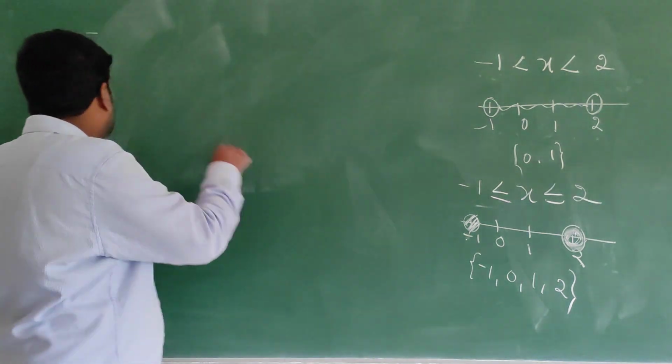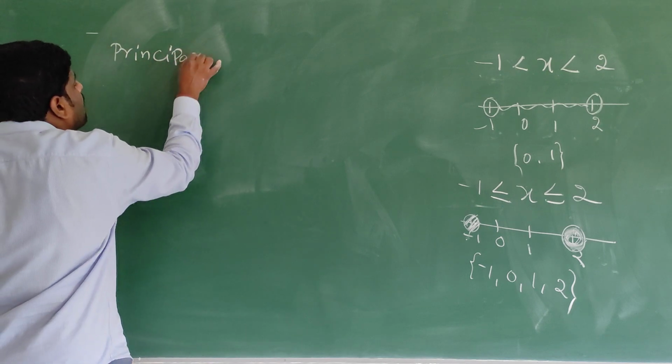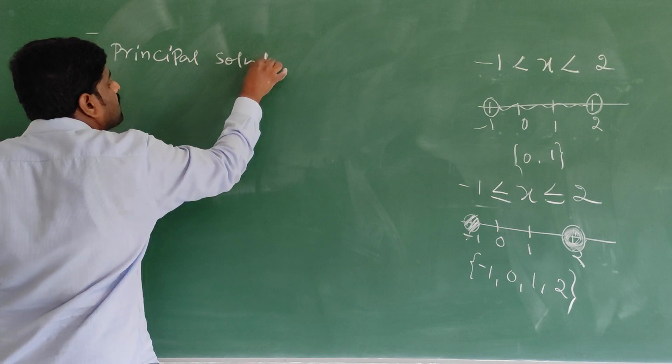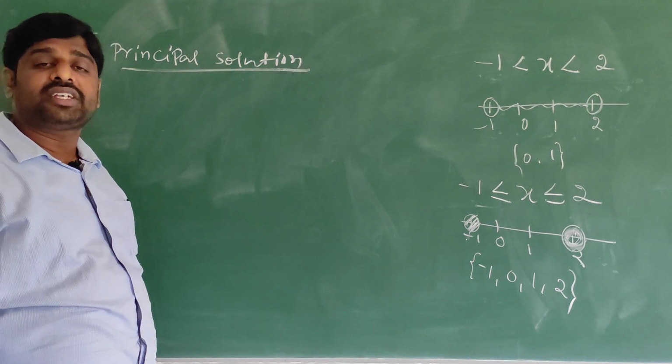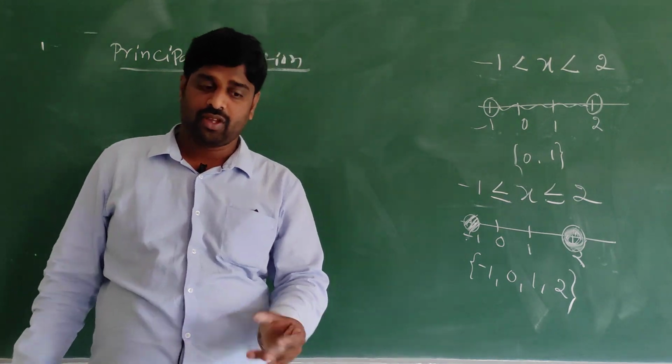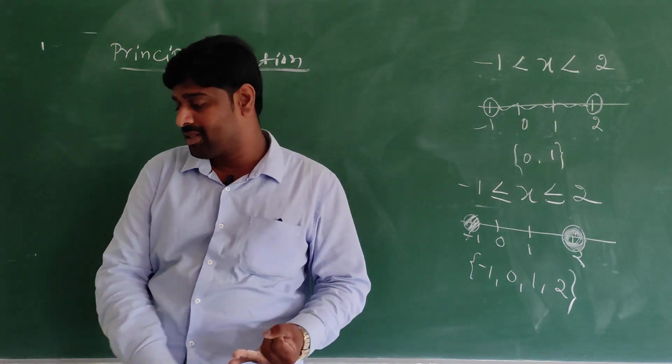Now come to principal solution. Here a trigonometric equation has 2 kinds of solutions: one is principal solution, another one is general solution.